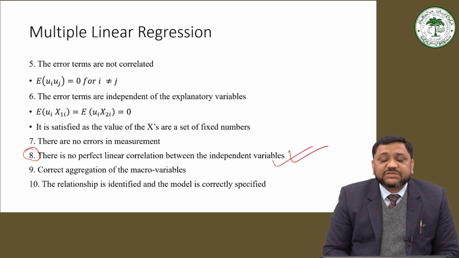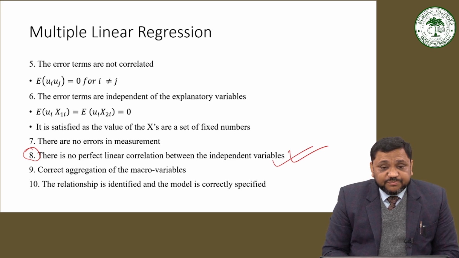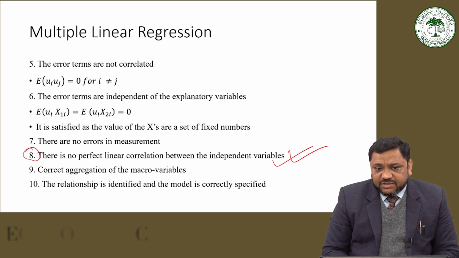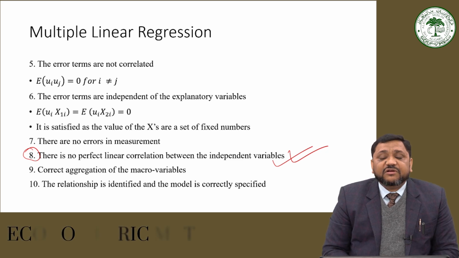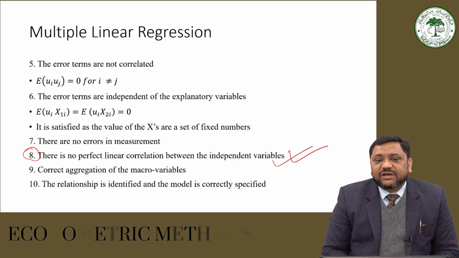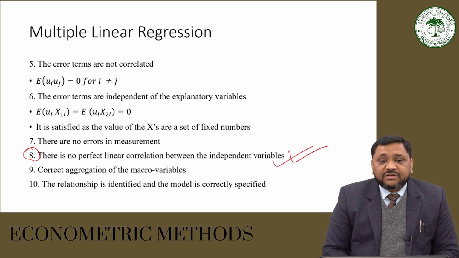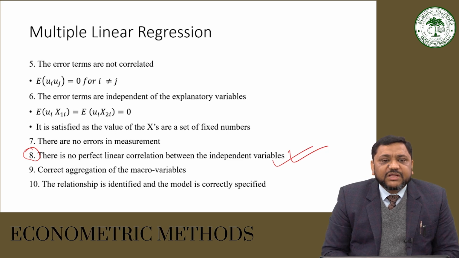This was non-existent in the simple linear regression because there was only one independent variable. But if two or more independent variables are linearly related with each other, then there will be a problem, and that problem is called multicollinearity.